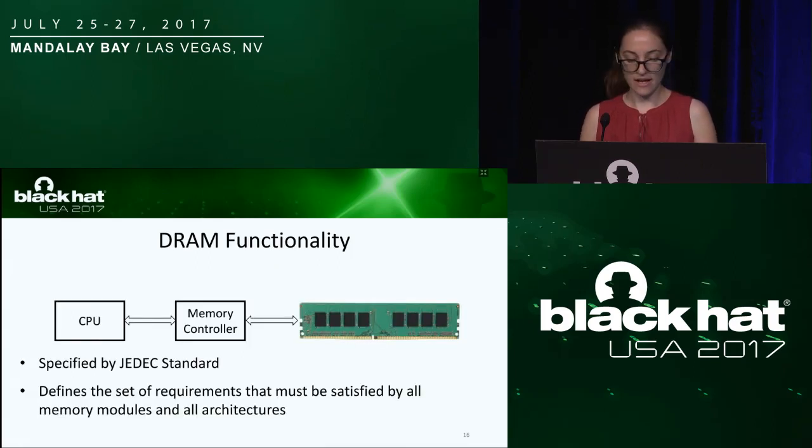But in order to understand how that would work, we need to see a little bit of how the DRAM actually works. And this is something that is being specified by the JEDEC standard. And that defines the set of requirements that must be satisfied by all memory modules and all architectures.